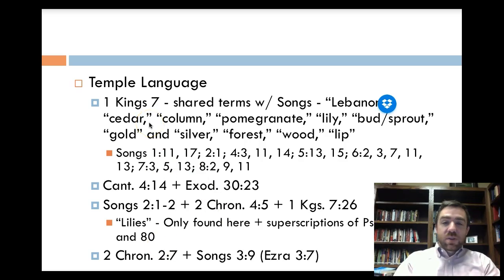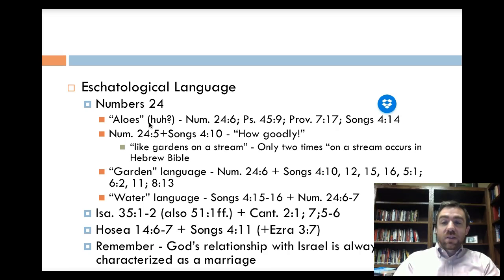You can look up all these references if you want to. I encourage you to. Again, eschatological language, pointing us forward. We're looking forward to the same thing that Numbers 24 looks forward to. The same language in Numbers 24 that looks for a new garden, new Israel, new creation, all that language is quoted in Song of Solomon.